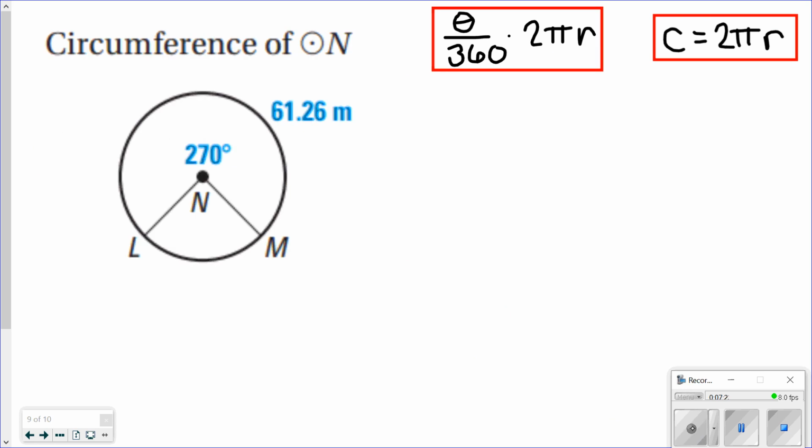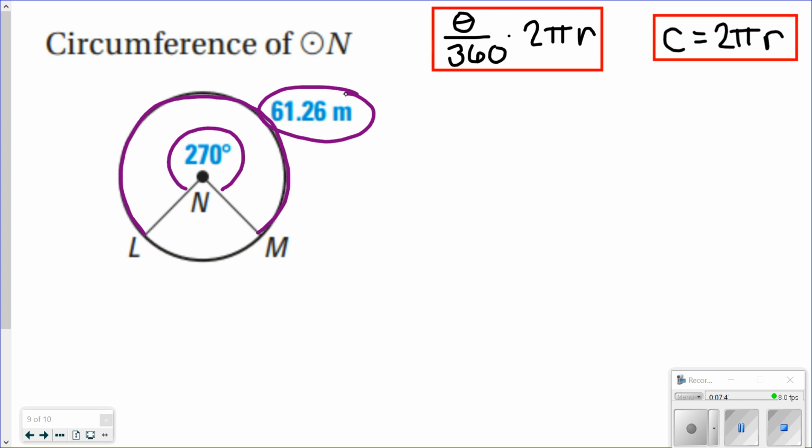Next, we want to figure out what is the circumference of circle N. Well, if we look carefully, we know that the angle measure is right here, 270. What is the arc measure of this circle? Oh, this is the arc that we're looking at. So what's the arc measure? It's 61.26.